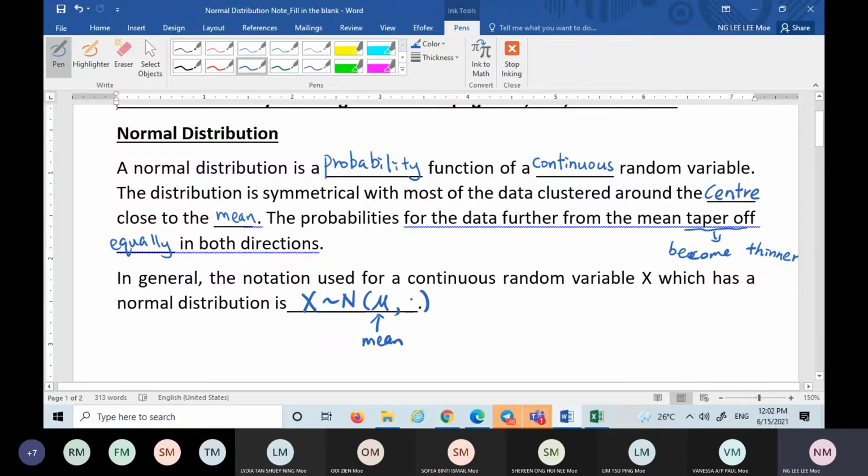The second is sigma squared, which is the variance. So this one is the notation for the normal distribution.